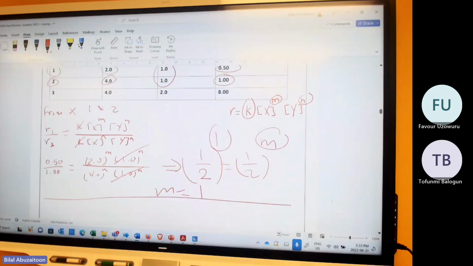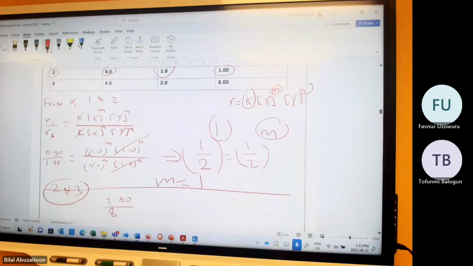Now take experiments 2 and 3. Do the same. Now we know the value of m, so we can plug in the numbers, 4 to the power of 1 over 4 to the power of 1, or we cancel them.